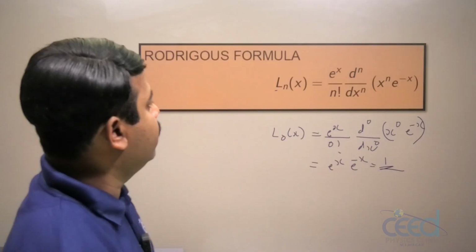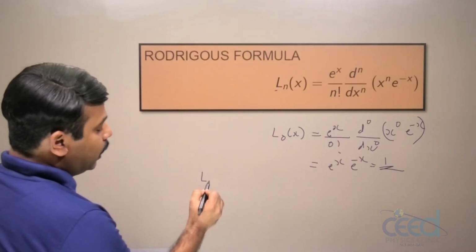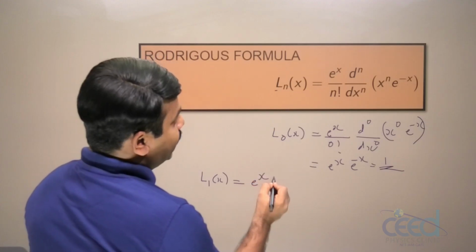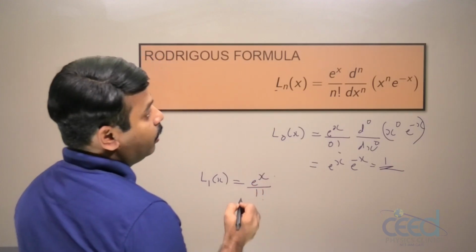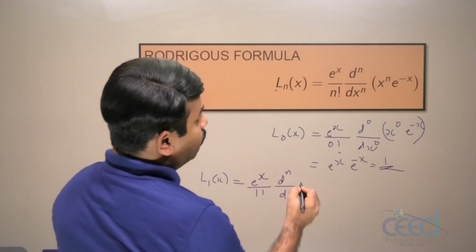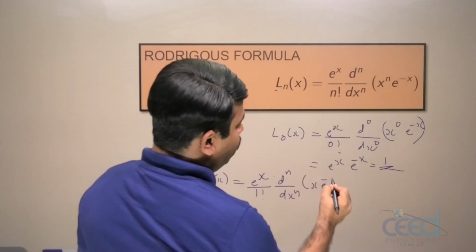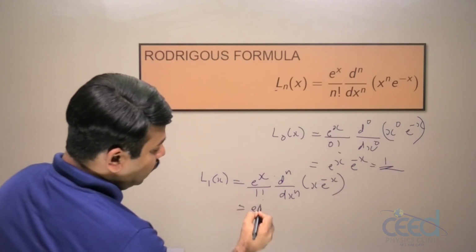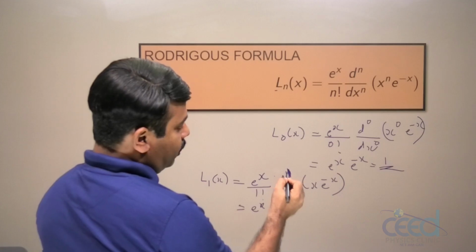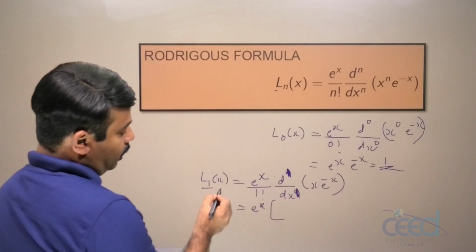It is correct, right? Now L1 of x you can find, you can verify this. e raised to x divided by 1 factorial into d by dx raised to n, of x e raised to minus x. Then e raised to x into, by product rule, differentiate. n is equal to 1 because we are finding L1 of x.